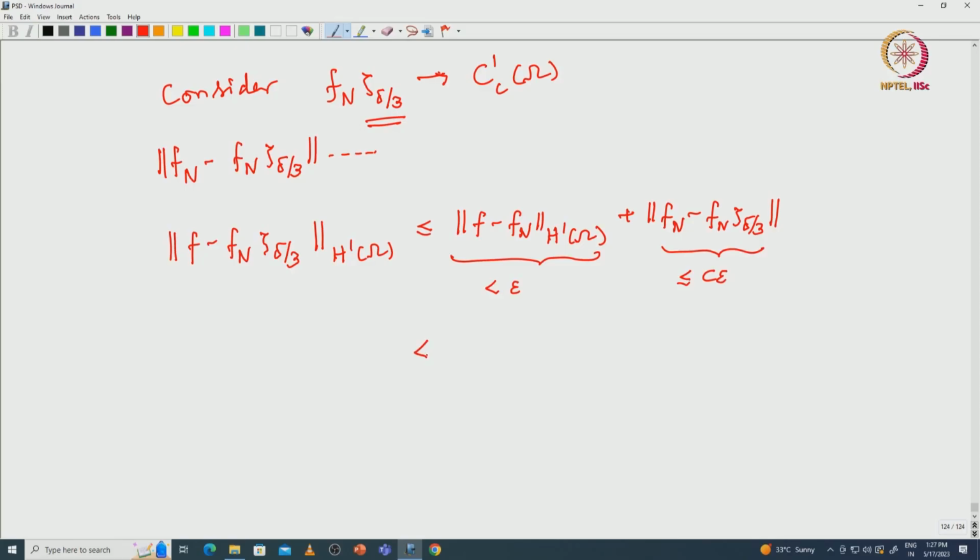So, the whole thing is 1 plus c epsilon, and that shows it. And this has compact support. Okay. So, this is in C1 C omega. So, that f in H1 omega whose trace is 0, we are finally able to approximate it by a C1 function with compact support in H1 norm, and that completes the proof. Okay.